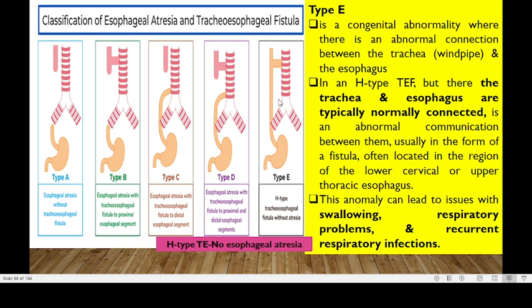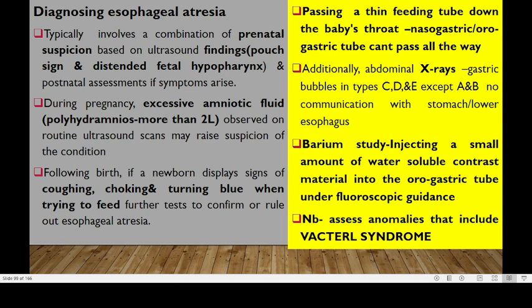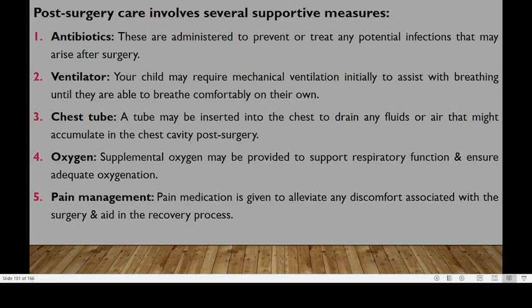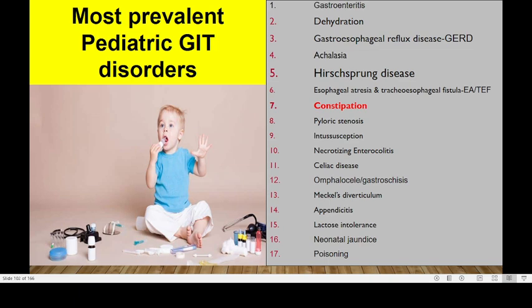The esophagus is there, the upper part of the esophagus and the lower esophagus are joined together. We could do prenatal suspicion based on ultrasound findings such as Pouch sign and distended fetal hypopharynx, and postnatal assessment if symptoms arise. Antibiotics, ventilator, and chest tube are some of the treatments that you need.